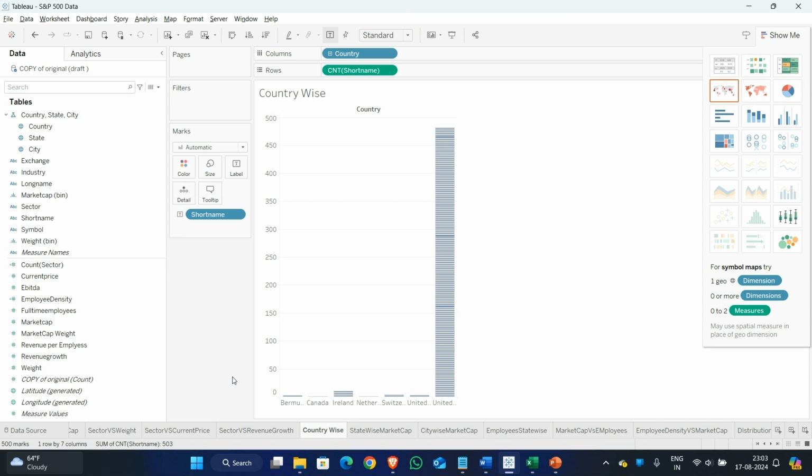Now that we have completed analysis with respect to sector, we move to the analysis with respect to geolocation. Firstly, in country-wise, S&P 500 companies are distributed mostly in United States and some in Bermuda, Canada, Ireland, Netherlands, Switzerland, and United Kingdom.